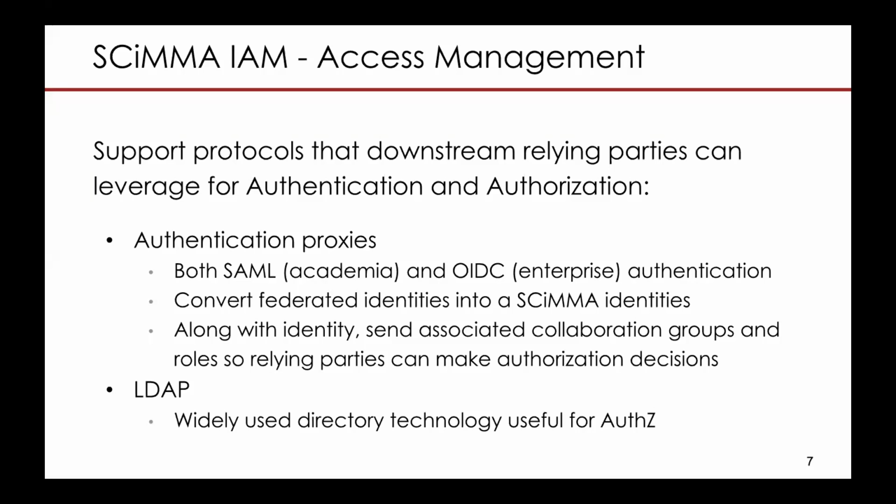And along with the identities, both of these protocols allow us to send what are called attributes. So send the associated collaboration groups, the associated roles within your collaborations, et cetera, downstream. And typically, these are what's used to make authorization decisions. So if we're sending them to AWS, you're using a cloud platform for something, there'll be a group of people who you want to allow, for instance, to be able to define new IAM user roles.